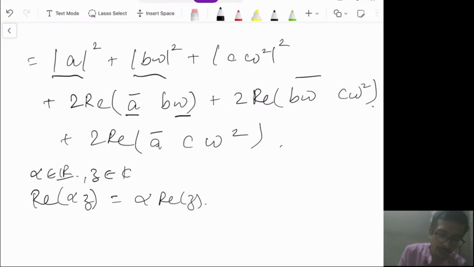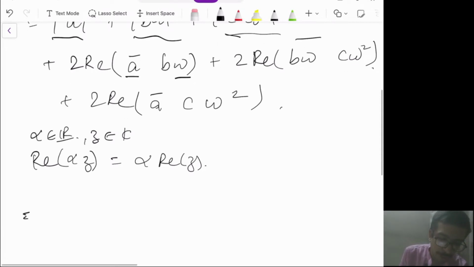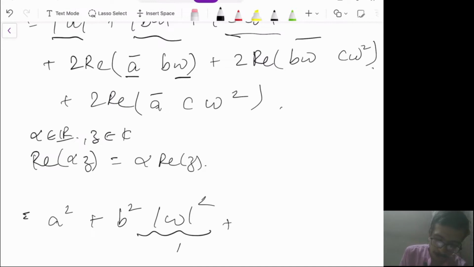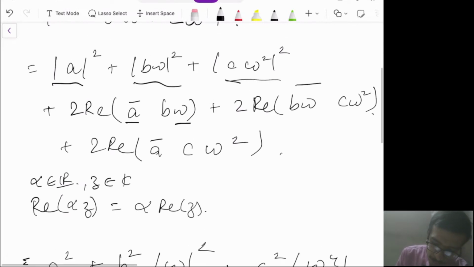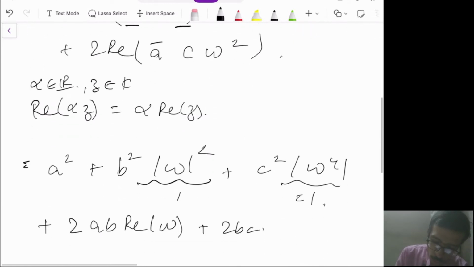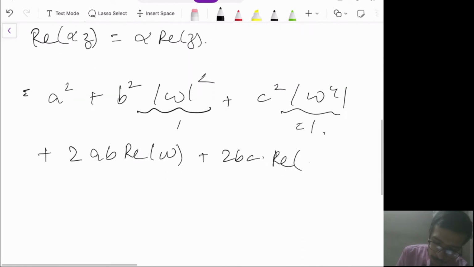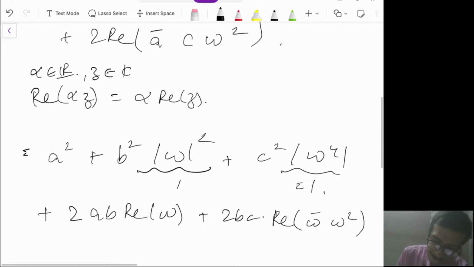And also we can check that mod of a squared, b squared, c squared is just going to be a squared plus b squared plus c squared, right? So this is going to be plus b squared times mod of omega squared, and mod of omega squared is 1, plus c squared times mod of omega 4, which is also going to be 1, right? Plus twice ab times the real part of omega plus twice bc times the real part of omega conjugate omega square, right?